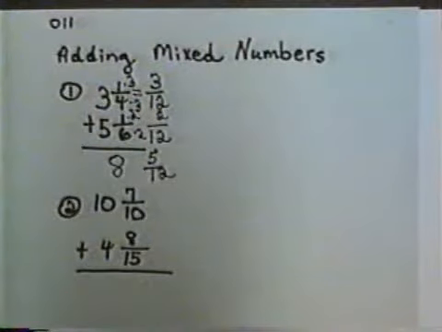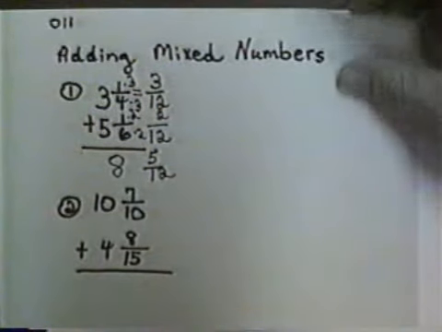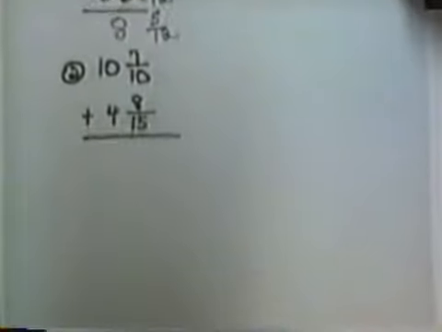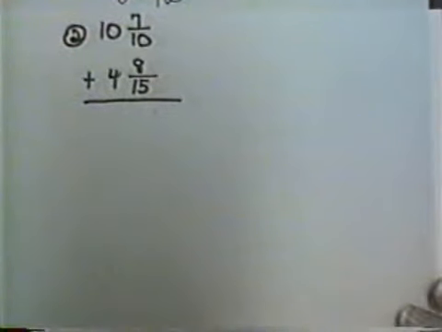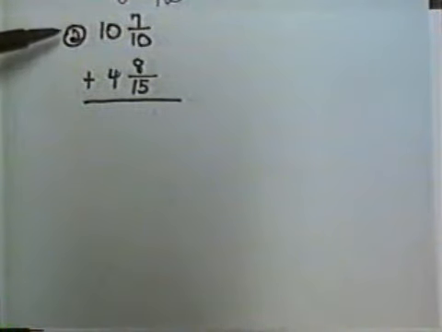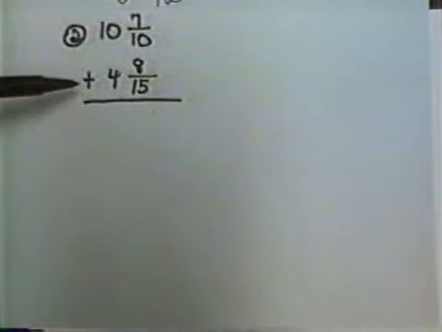Now let's look at one that would work a little differently. Let's take 10 7/10 and add it to 4 8/15. This one might be a little bit tougher to get the common denominator for.